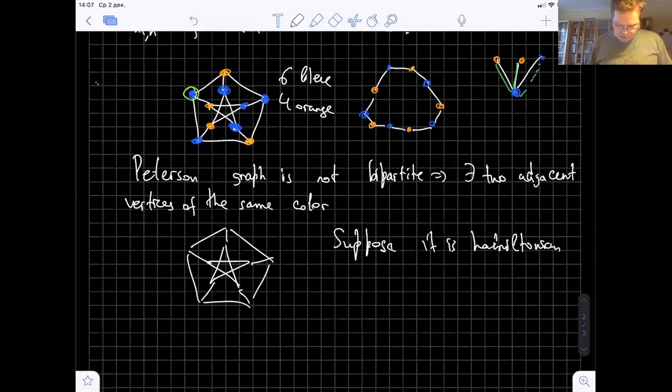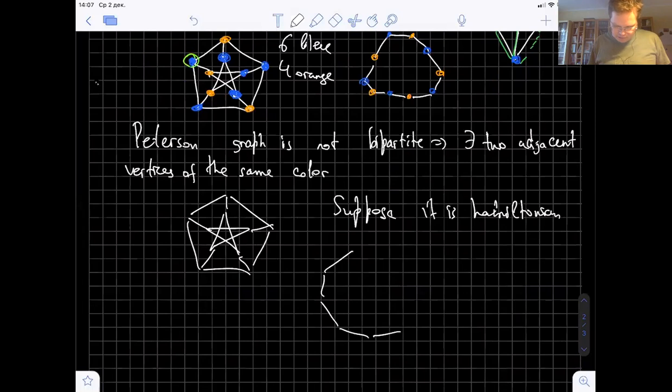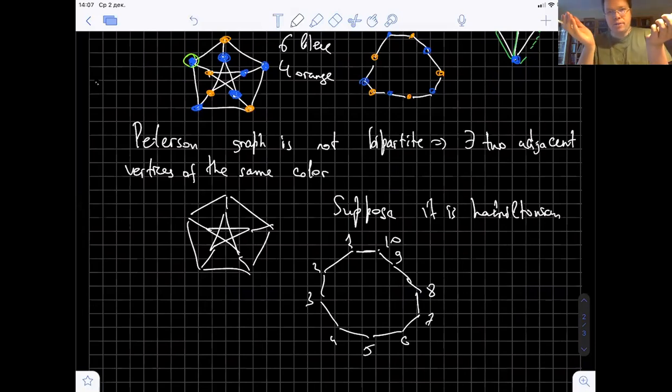Let's draw the cycle. For example, we have vertices 1, 2, 3, 4, 5, 6, 7, 8, 9, 10. 10 vertices here. And I have 15 edges in my Petersen graph. So I have 5 edges elsewhere.